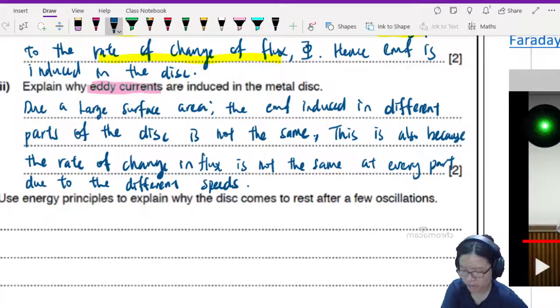This thing is still in a simple harmonic motion, so they will have different speed as they oscillate differently.